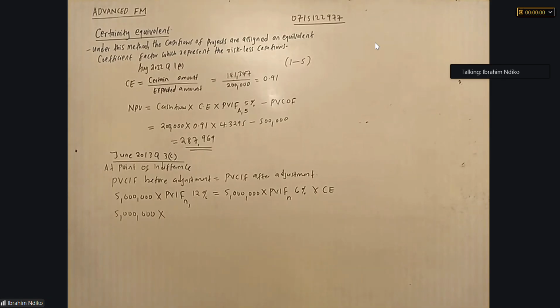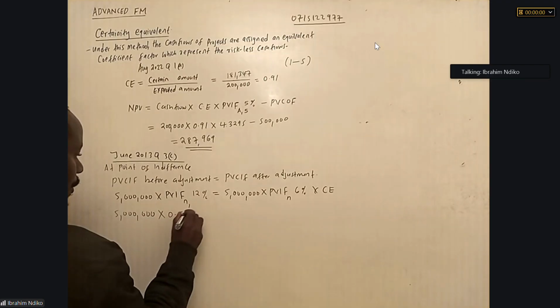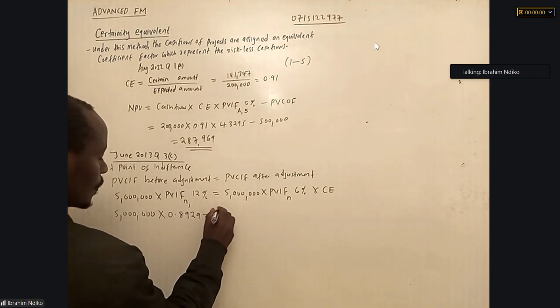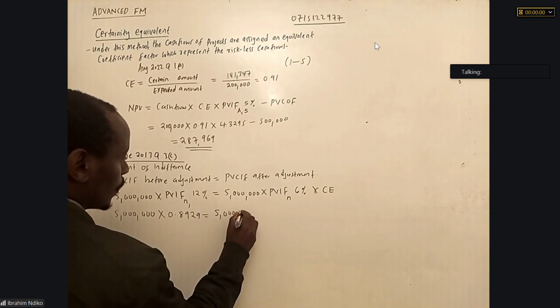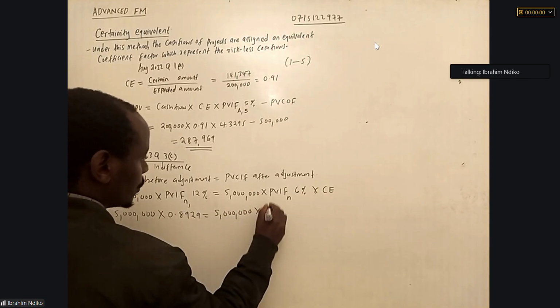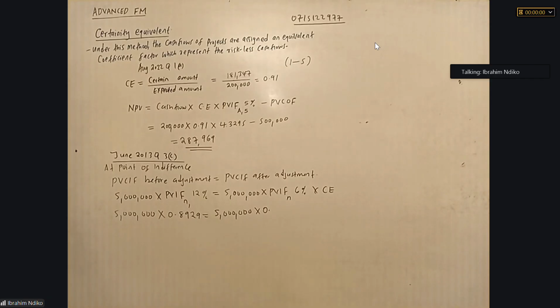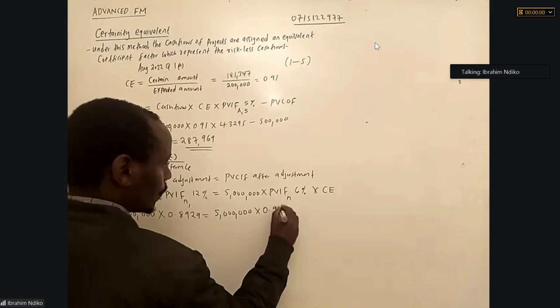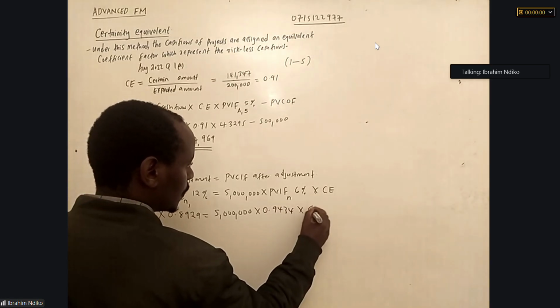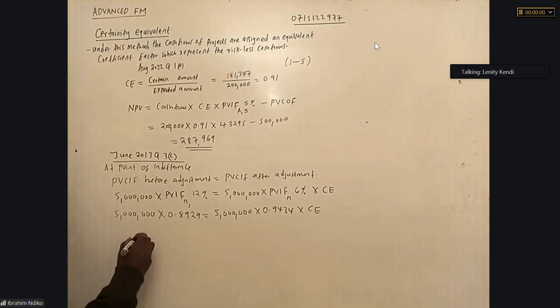At 6%, 0.9434. 0.9434 times certainty equivalent.